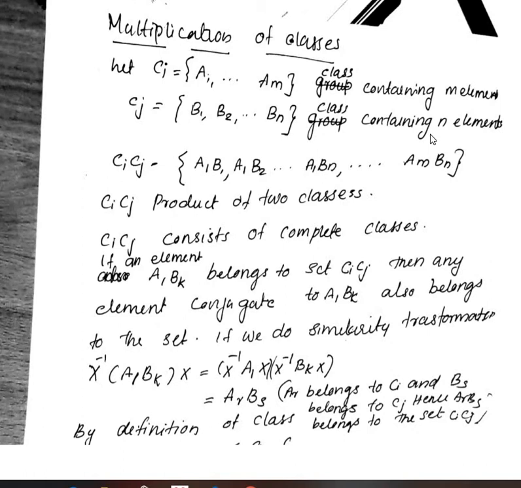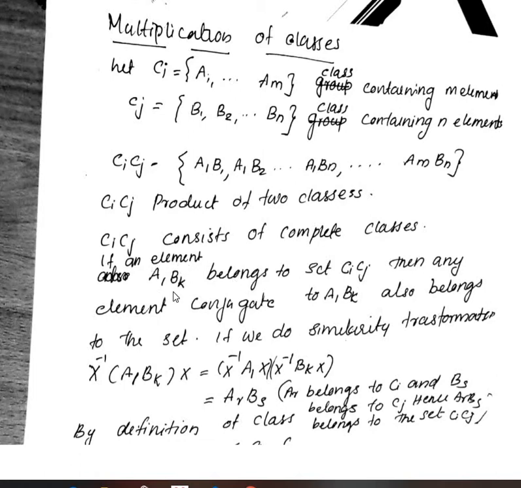Cj is a class containing n elements, with elements B1 to Bn, of some group like G. So CiCj is equal to A1B1, A1B2, etc., A1Bn, then A2B1, etc., and the last element is AmB1, AmB2, etc., AmBn. CiCj, the product of two classes, consists of complete classes.